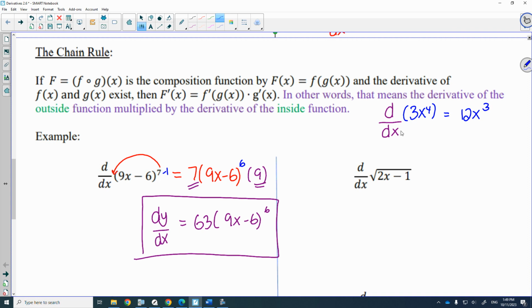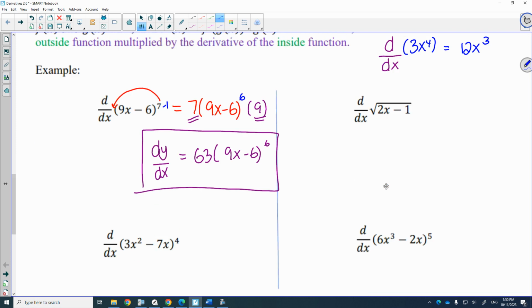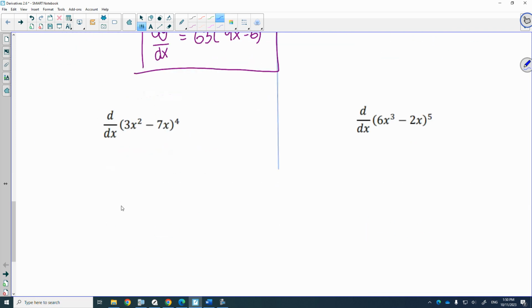Or this could also be written as y is equal to 3x to the 4. And then they could say differentiate that. So then we're differentiating y, dy, with respect to x. The derivative would be 12x to the 3. So this is just basically telling you take the derivative of this function. This function is normally y.